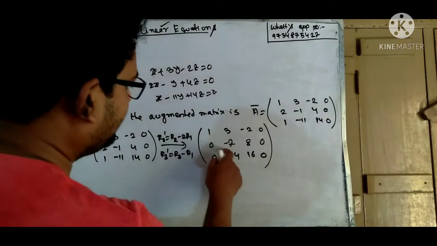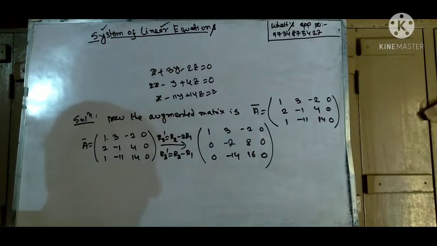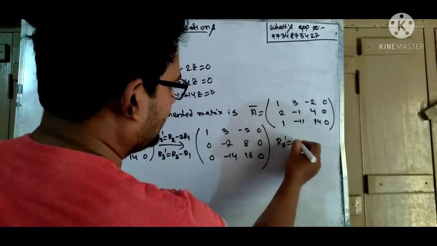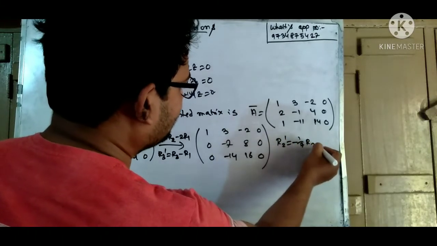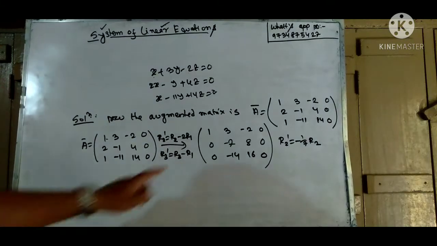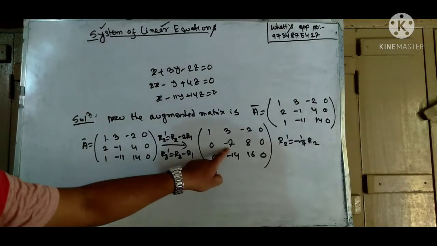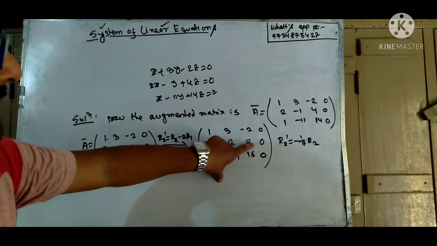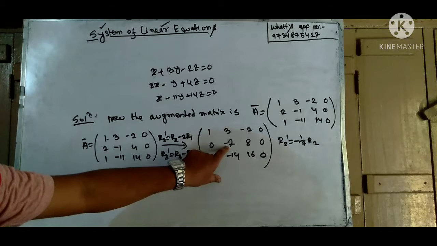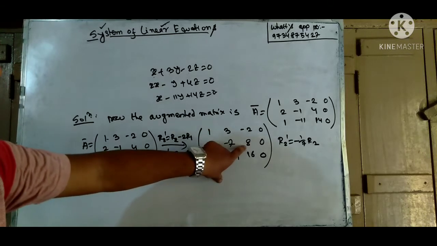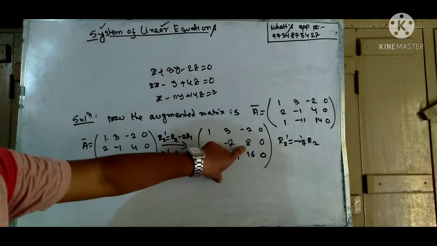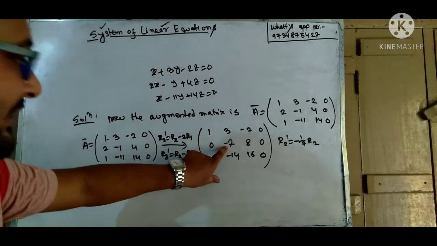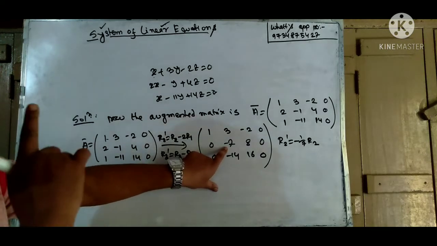This element should be 1, so we will multiply the second row by -1/7. Then this will be 1 and this will be 8/7. Whatever the value of this position, this should be 1. We will not watch what the element is; whatever the value of this element, we have to reduce it to 1, that means the leading one.